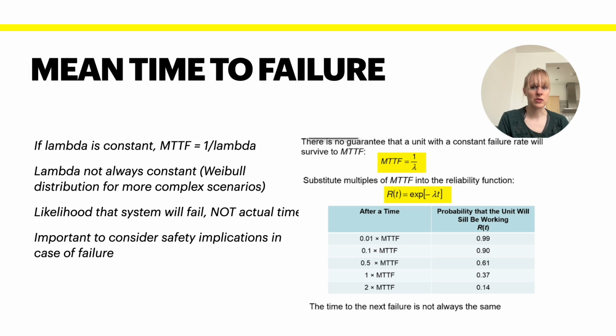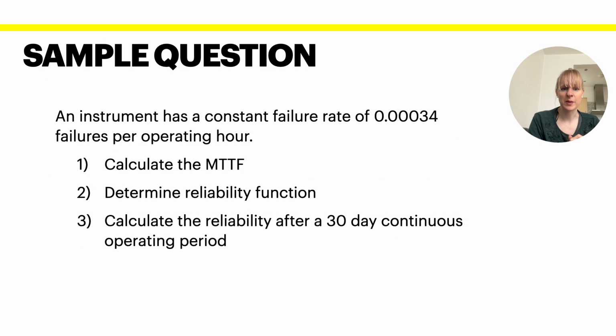So if you want to test your knowledge, here I have a little example where you can look at. It's a very simple example. You have a specific instrument with a constant failure rate. So this constant failure rate doesn't need to be specified, of a certain number of failures per operating hour. Now, this means you can calculate the mean time to failure, and I can briefly provide the answers here so you can have a look at it. You can work out the reliability function based on the equation that I just solved before.